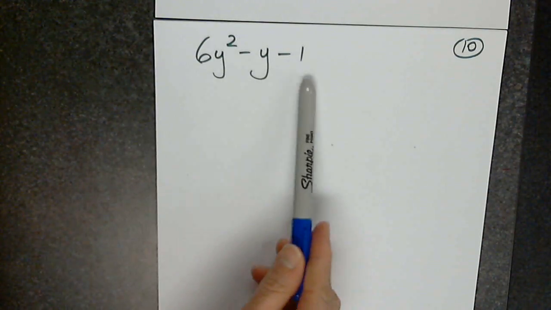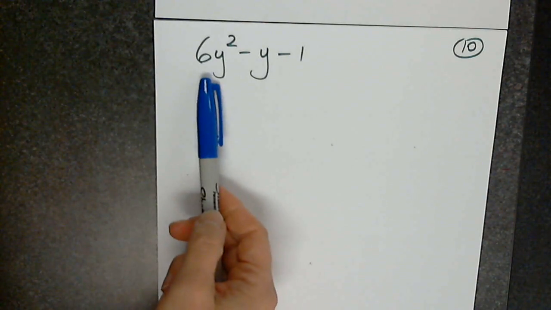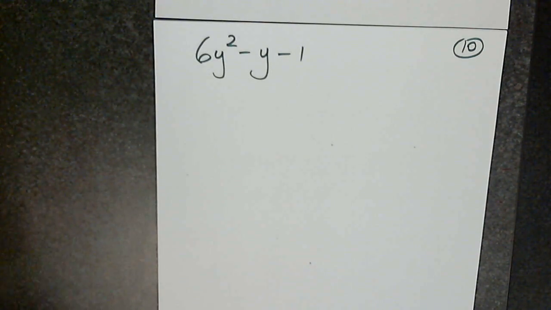Is 6 a factor in all three? No. So greatest common factor? No. Negative leading coefficient? Special product? No. It's minus 1, and 6y squared is not a perfect square anyway. Good. 1 is a leading coefficient? No. So I'm down to the very last possibility.